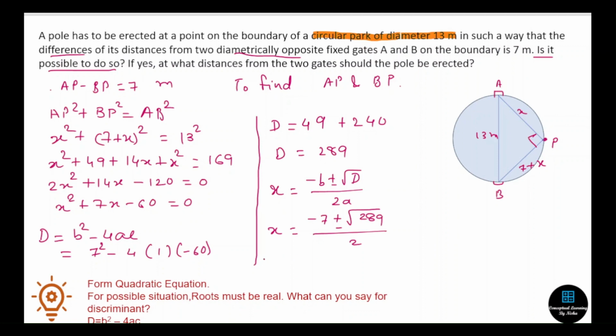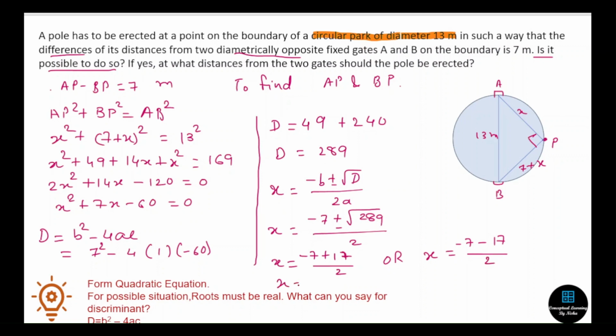On simplifying and taking separate values for the positive and negative square root of D, x is equal to minus 7 plus square root of 289, which is 17. So I'll write first positive 17 upon 2. And the second value is minus 7 minus 17 upon 2.